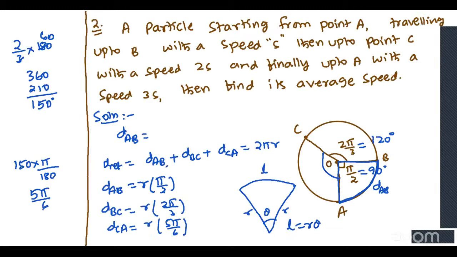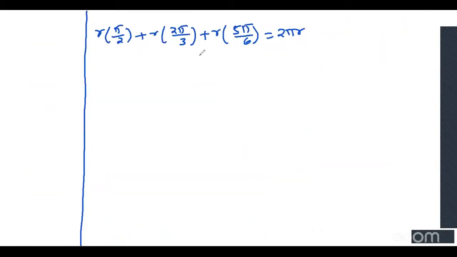I just substituted values for distances AB, BC and CA. Fine. So pi r I'm taking common.